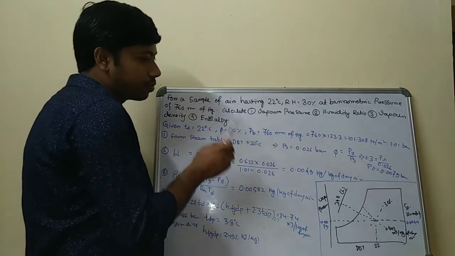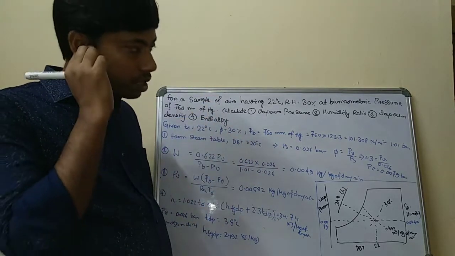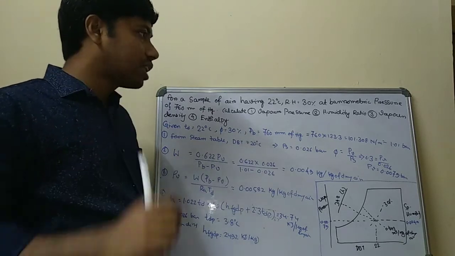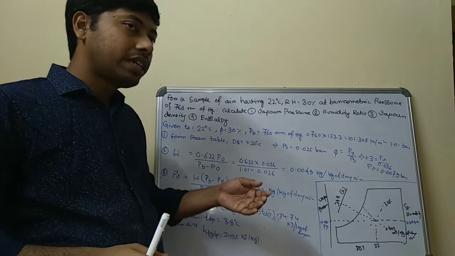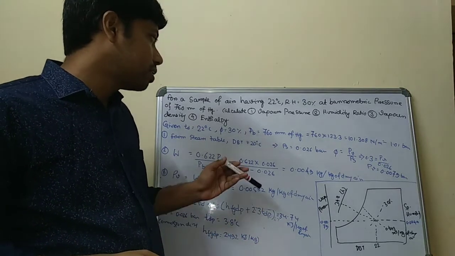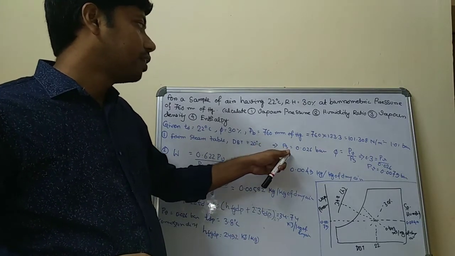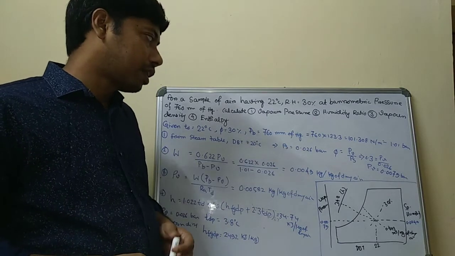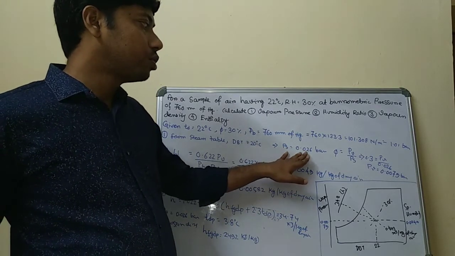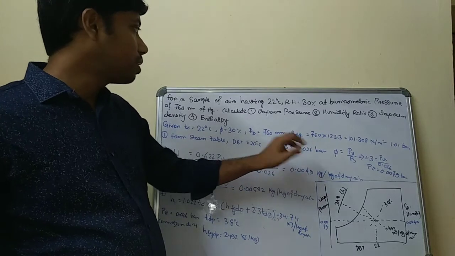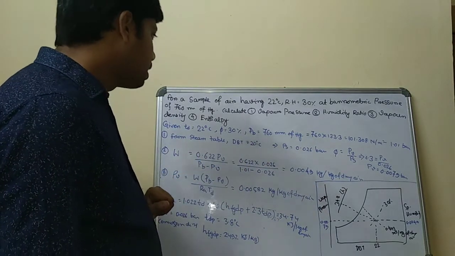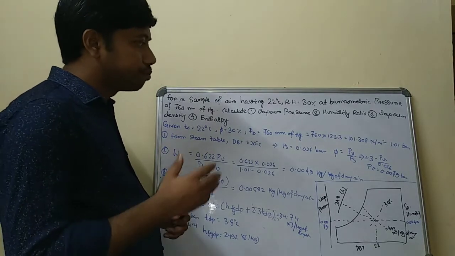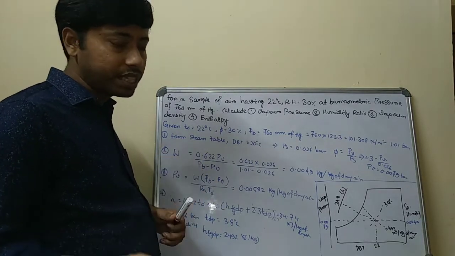If you go to the saturated water steam table at the temperature scale, around 20 degrees Celsius, you can see that the saturation pressure is 0.026 bar. So PS is equal to 0.026 bar, and phi, the relative humidity, is the ratio of PV by PS.